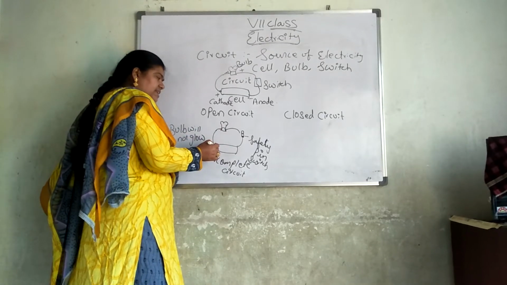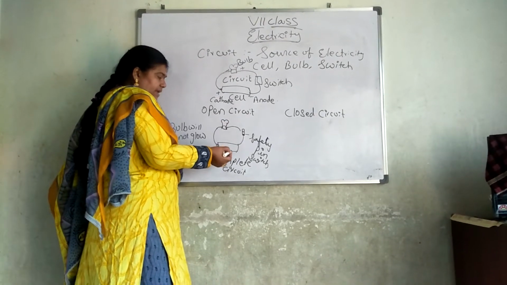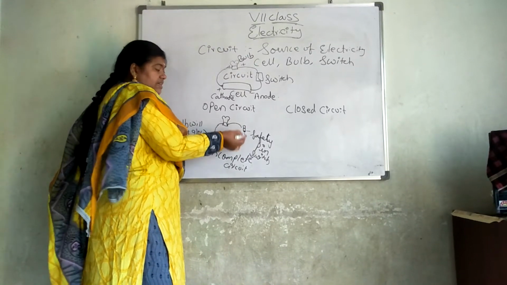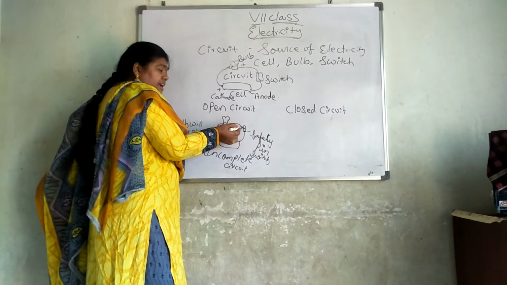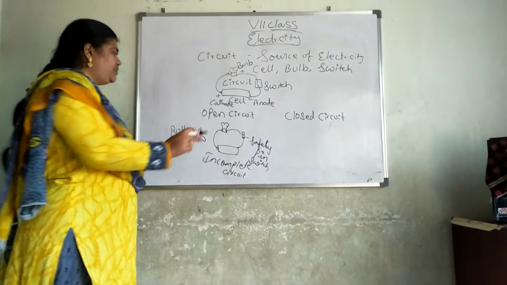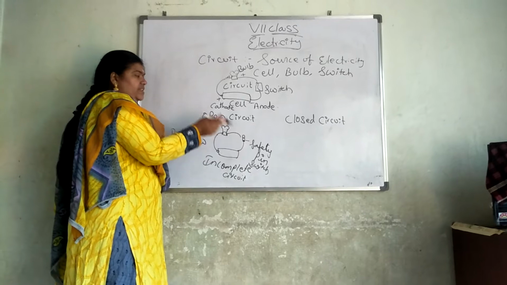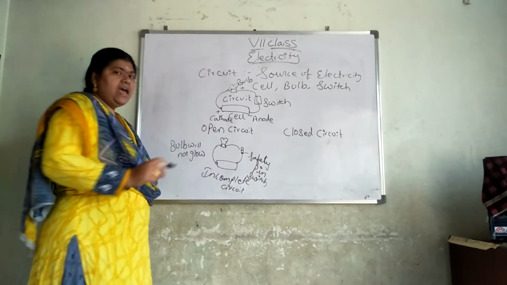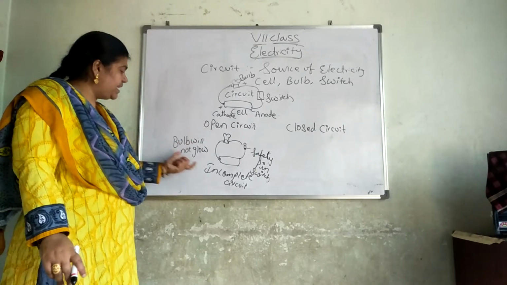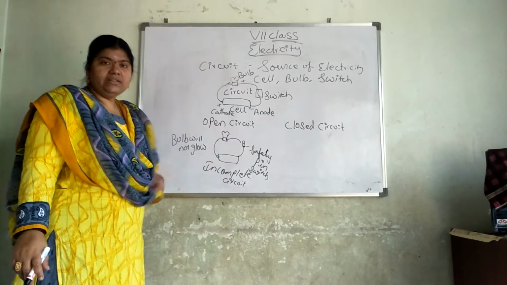You can see that the cell is connected to the bulb. Again, the negative terminal of the cell is connected to the switch, that is the safety pin, but the other side of the safety pin and the bulb are not connected. Because of that, the bulb will not glow, and we will call it an open circuit, an incomplete circuit.